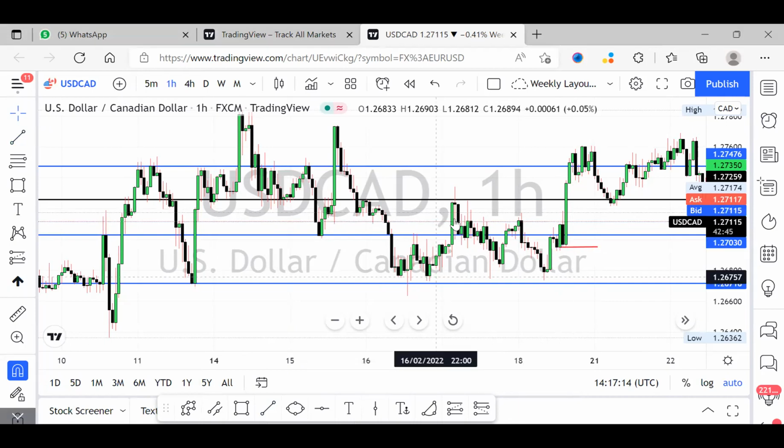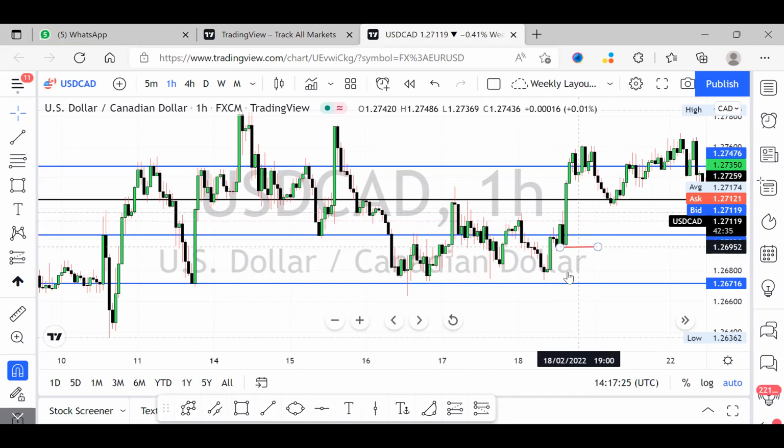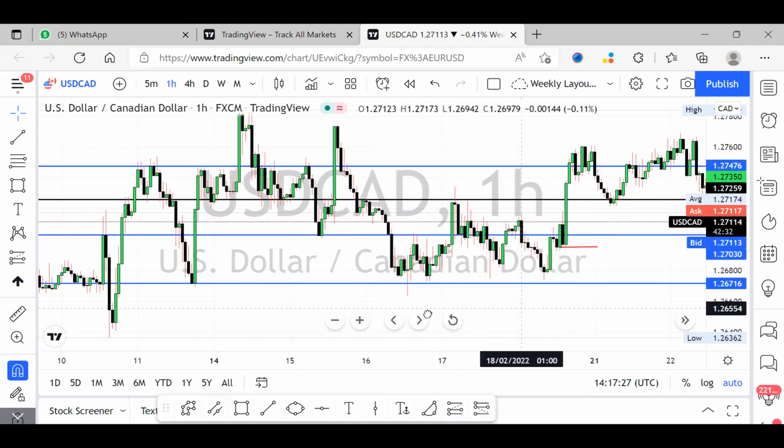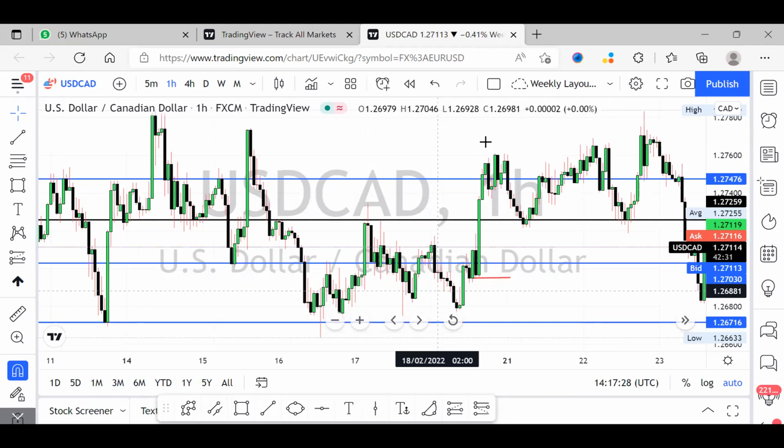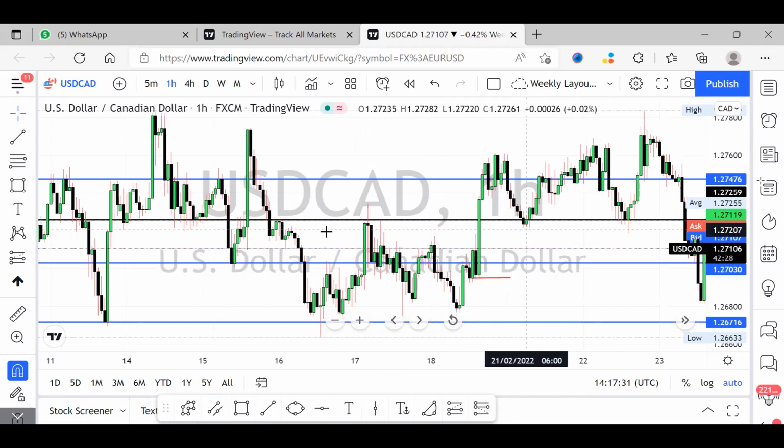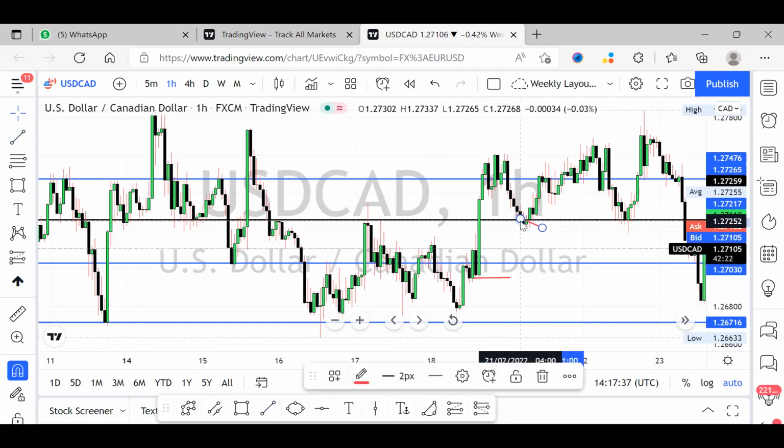Each time before, price goes up, price goes down, price goes up, price goes down. This is the first time price did not go below here. So this is telling you now that the buy is on. Price goes up from this zone, retraces. This is the second time an opportunity is here for another entry.